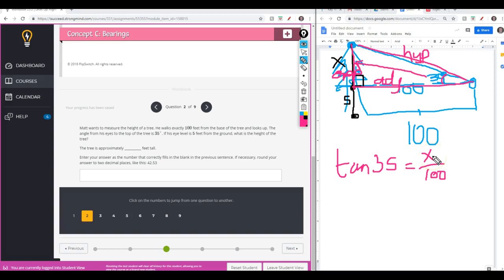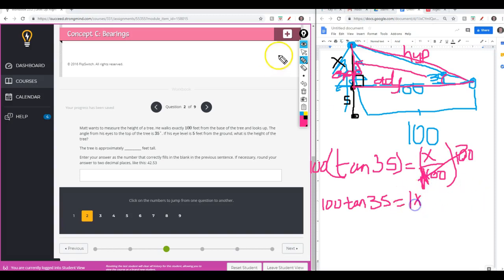So I have x in the numerator and it's being divided by 100, so I'm going to multiply by 100 because I want to reduce it down to 1. So I'll have 100 tangent of 35 is equal to x divided by 100 multiplied by 100. These reduce down to create a form of 1, so then I have 1x, and that is more commonly just written as x.